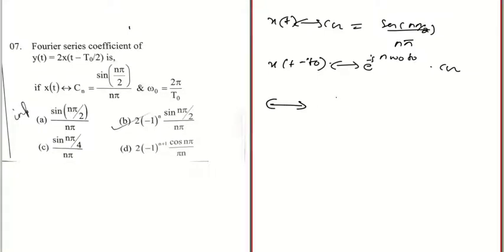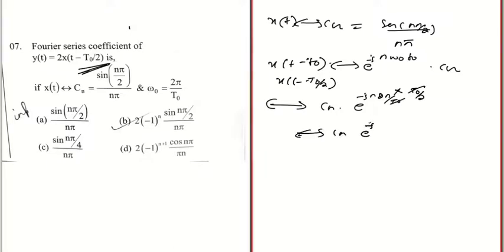So Cn into e raised to minus j n 2 pi by t0 into, here instead of t0 it is t0 divided by 2. So we'll see what happens.